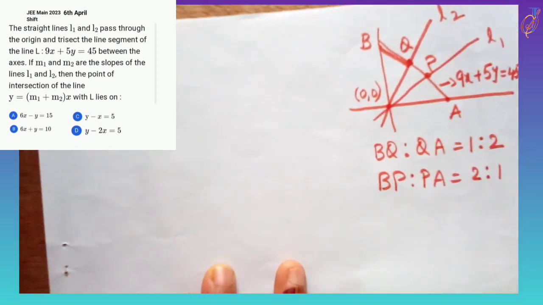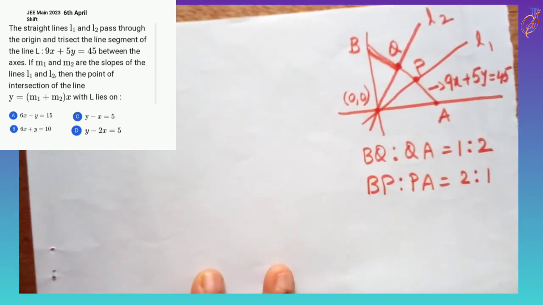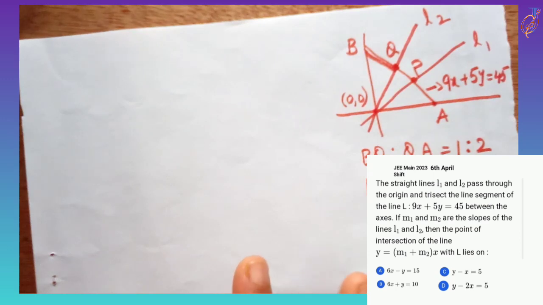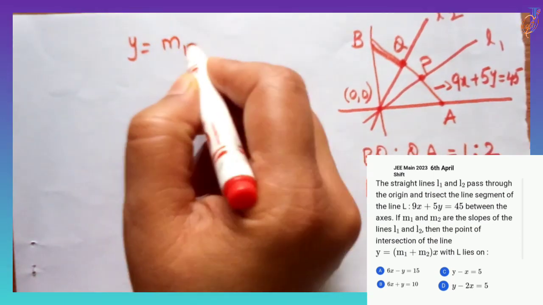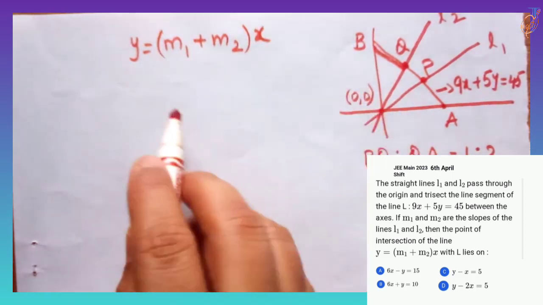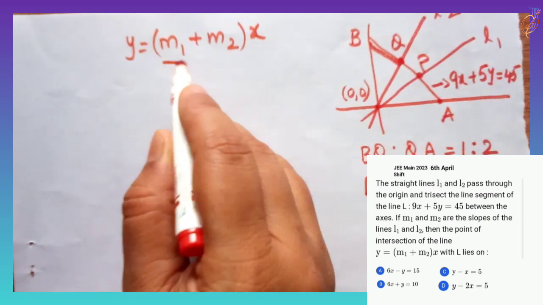If M1, M2 are the slopes of the lines L1 and L2, then the point of intersection of the line y = (M1 + M2)x with L lies on y = (M1 + M2)x. So to solve this, you need to find M1 and M2.